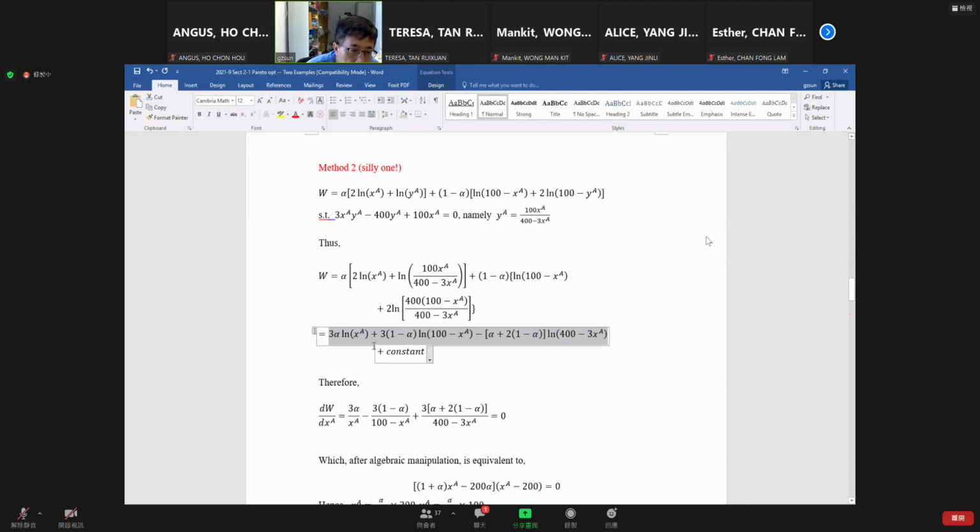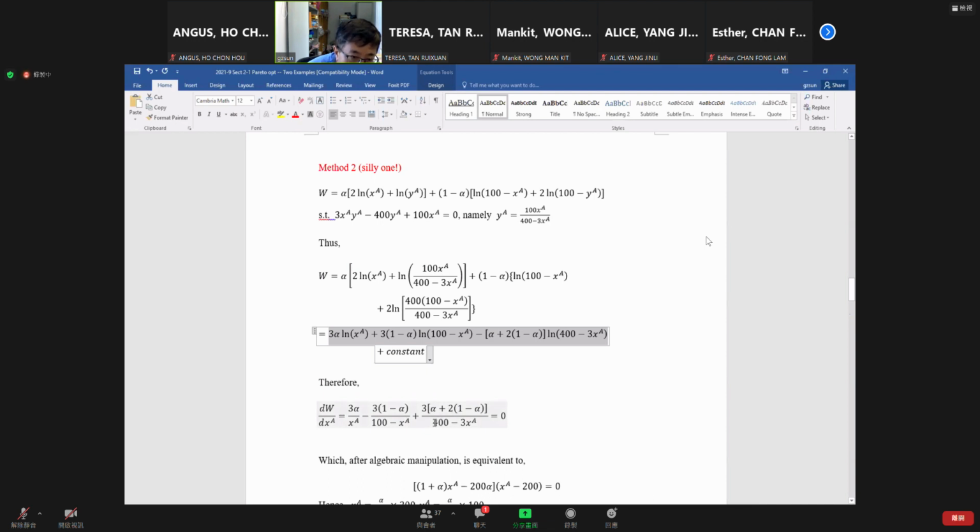And you find the first order condition. Here we have only one single variable, XA, right? And then you calculate the first order derivative with respect to XA. This number is alpha over XA, this number is 1 minus alpha. Here is minus. The denominator becomes 100 minus XA.